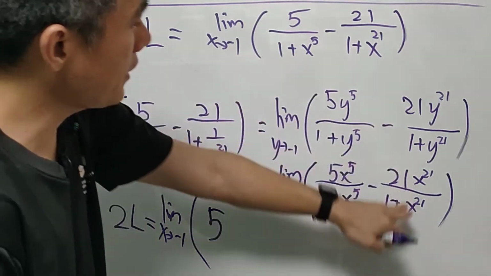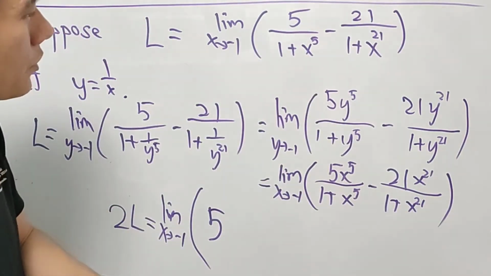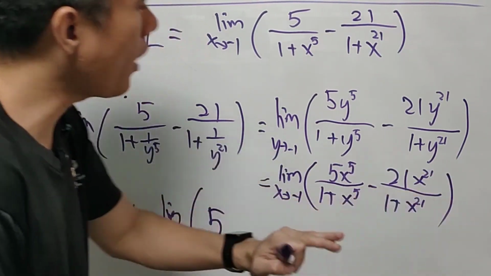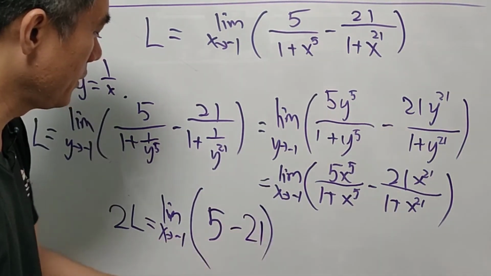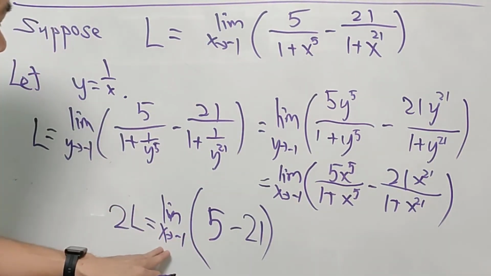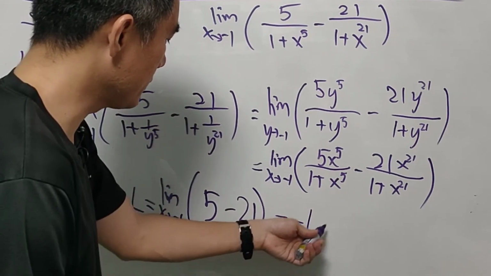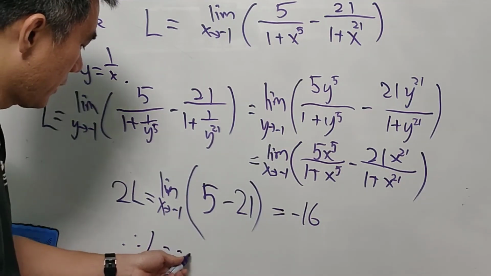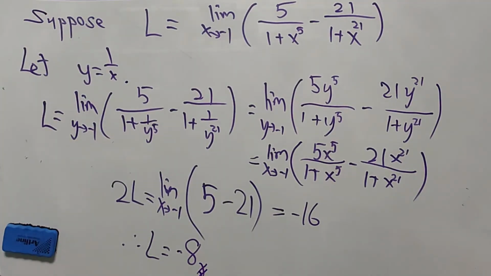Likewise, the second term is -21 over 1 plus x^21 minus 21x^21 over 1 plus x^21. So it will be just equal to -21. This is always equal to -16 with or without the limit as x goes to -1. So 2L is equal to -16, and therefore, L is just equal to -8. So it is the same answer that we have just now.